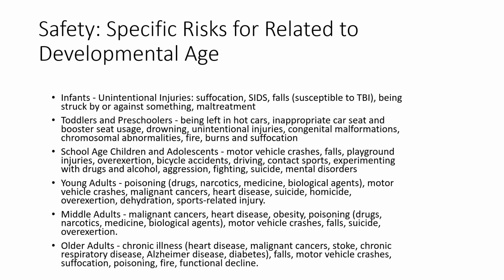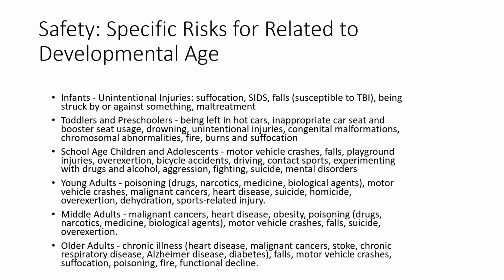Suffocation, SIDS, falls susceptible to TBI. If someone falls when they're an infant, 3 feet, that's huge for a 3-foot person. Just think of yourself falling. If you are 1 foot tall, let's say, or 2 feet tall, and you fall from 3 feet, it's kind of like us falling from a whole body taller than us.